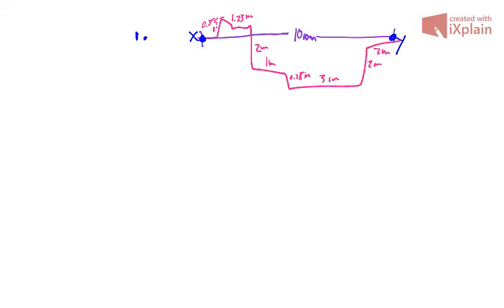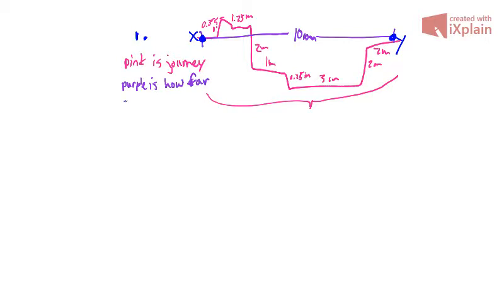And regardless, this whole journey, remember, pink is journey. Purple is how far away X and Y are.